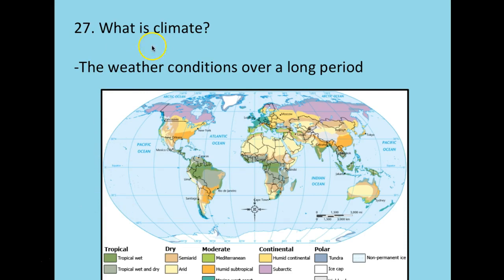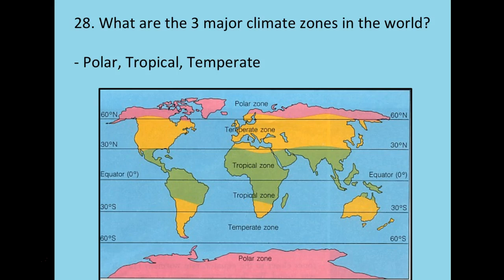So weather conditions over a long period of time is going to be what climate is. And this image is just showing you some of the different climate zones basically around the world. So you can see that we live more in a moderate, humid, subtropical kind of climate zone.